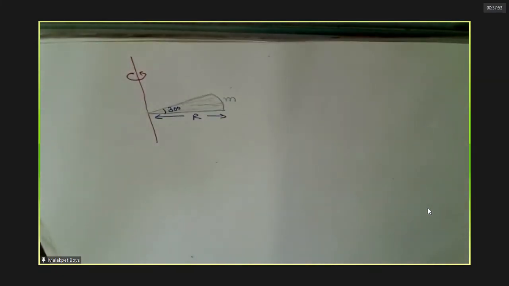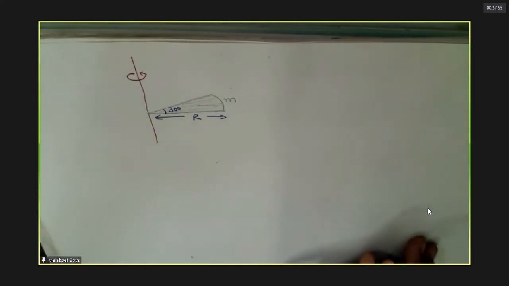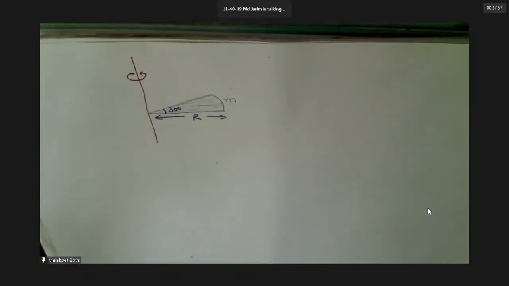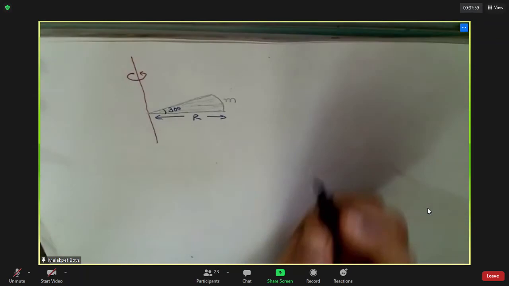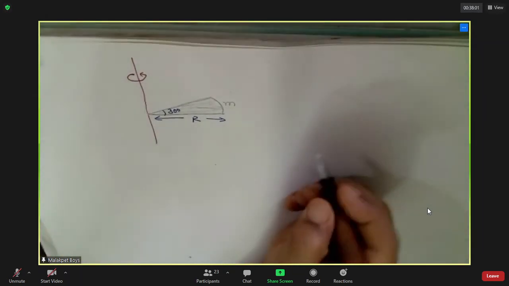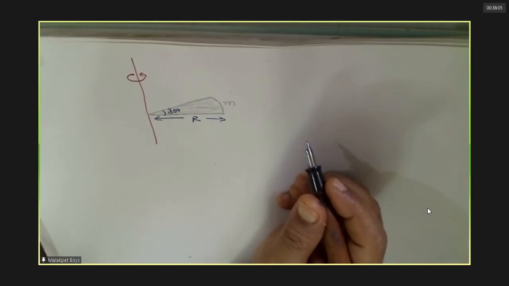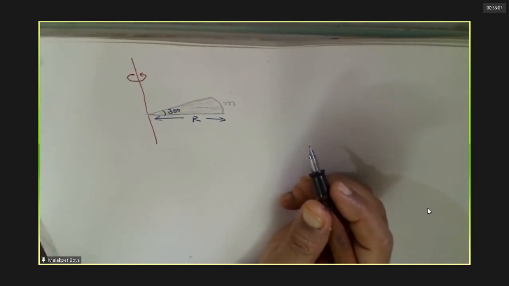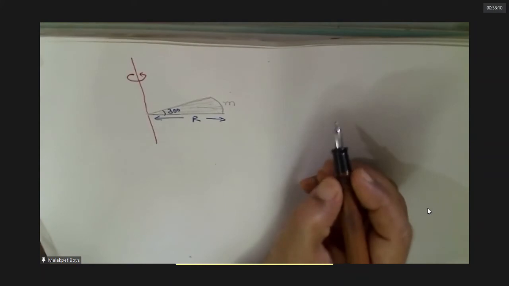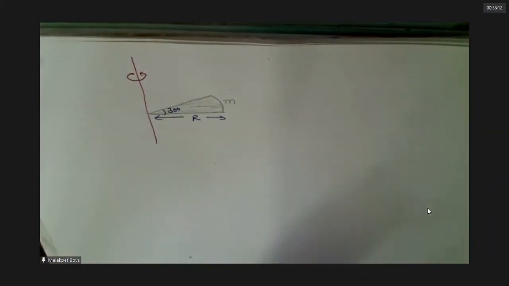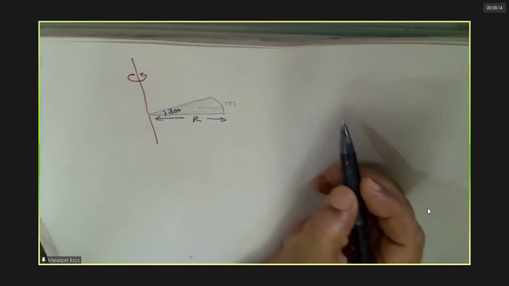How to find this? Can you tell? The 12 parts we can keep together and make a circle, I mean a circular disc. How many parts do you need? 12 parts. So 12 parts will be kept.